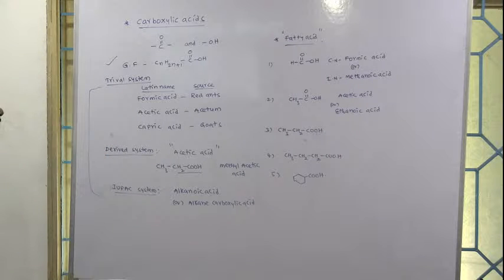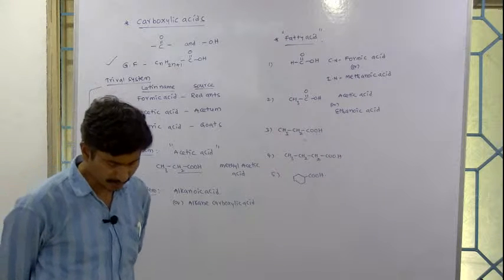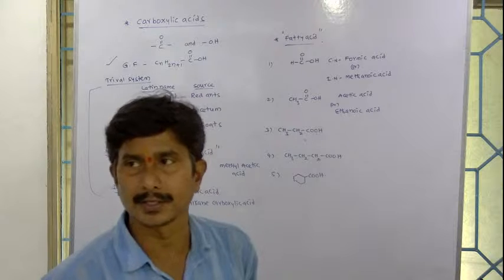Write the general formula. CnH2n plus 1 COOH.